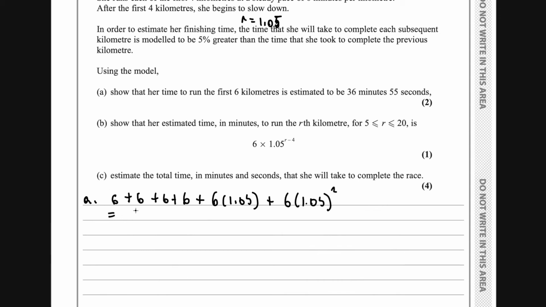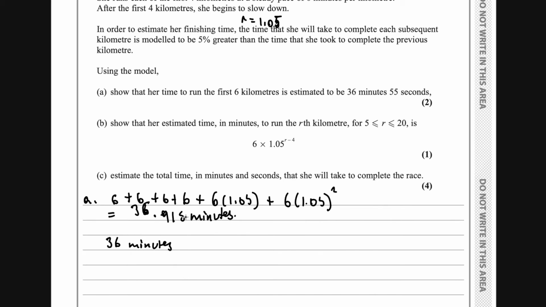And what that does is it gives us a total value of 36.915 minutes. So we've got 36 minutes, and this 0.915 minutes, what I'm going to do is multiply it by 60.